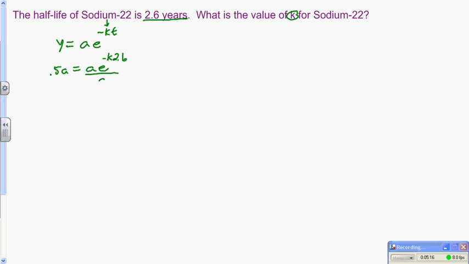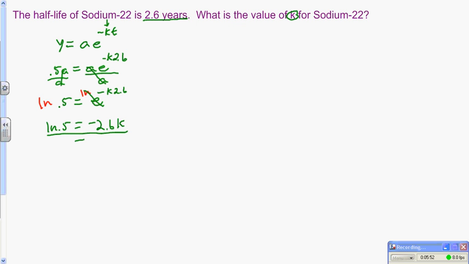Now, if I divide both sides by A, again notice that I end up basically just canceling out the A's, and I end up with my amount left as before. But now I have e to the negative k times 2.6, and I should write 2.6K there. Now if we ln both sides, this one works really well with ln because it's E, and we get ln 0.5 equals, and these cancel, negative 2.6K.